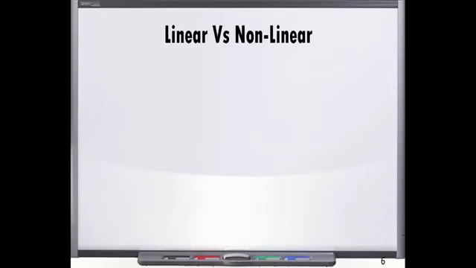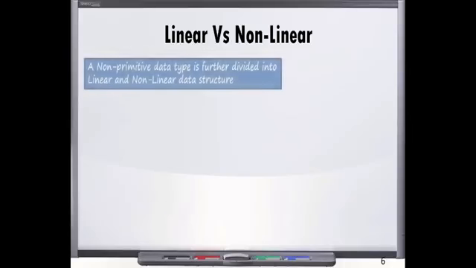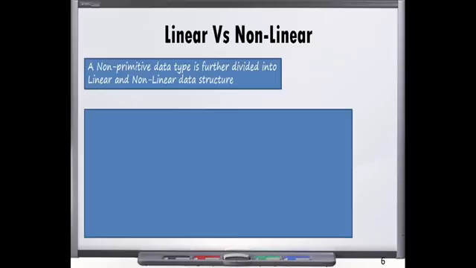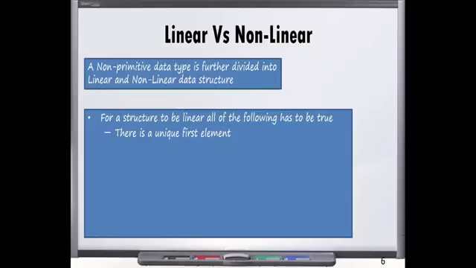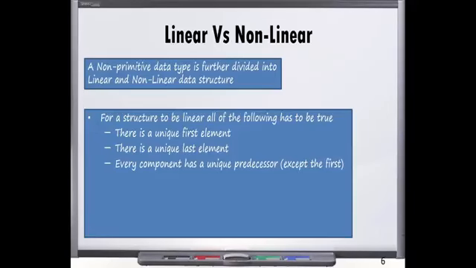Then, a non-primitive data type is further divided into linear and non-linear data structures. So what is a linear data structure? For a structure to be linear, it has to follow the four following rules. There is a unique first element, there should be a unique last element, every component has a unique predecessor, and every component has a unique successor.